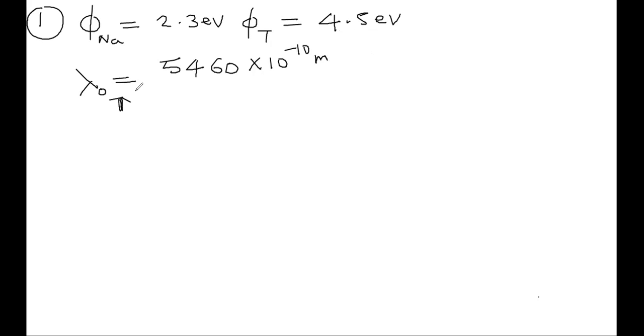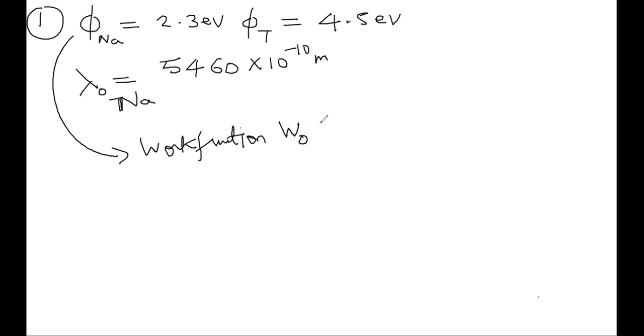The symbol for work function is phi. Work function can be written as W naught or phi naught, we can write either way. W naught or phi naught is the same as work function, which is equal to h nu naught, which is also equal to hc by lambda naught.